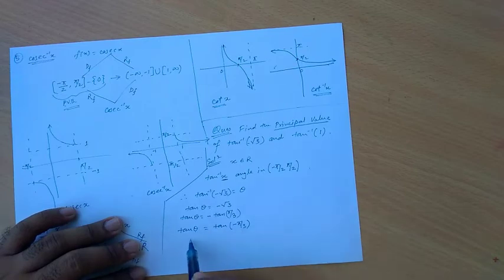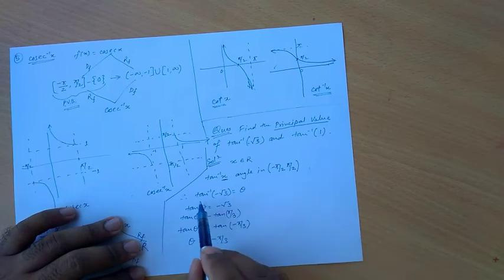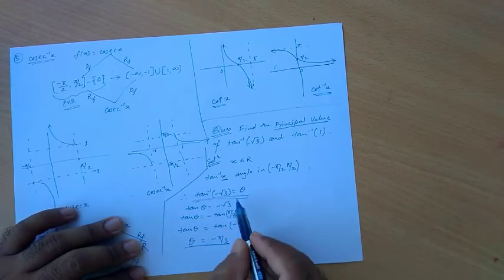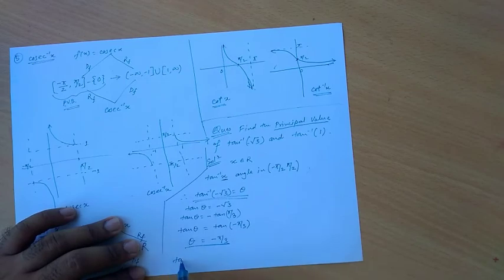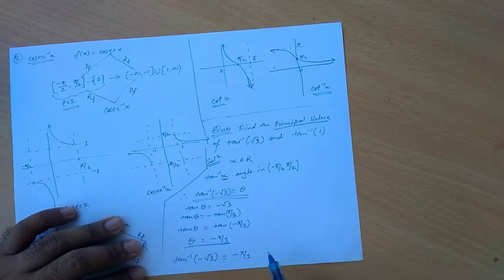So theta is equal to -pi/3. Therefore tan inverse -√3 is equal to -pi/3. This is our answer.